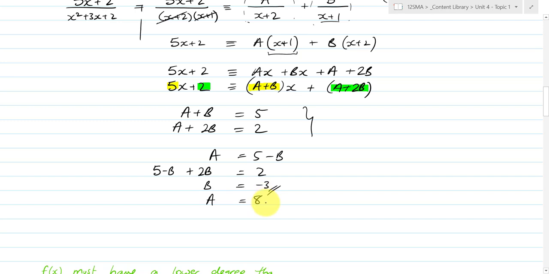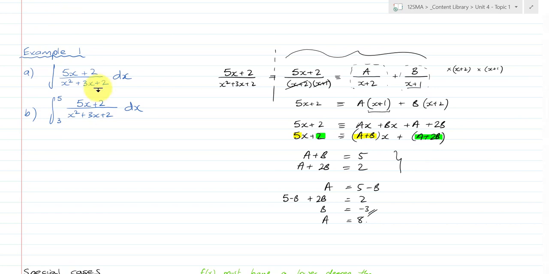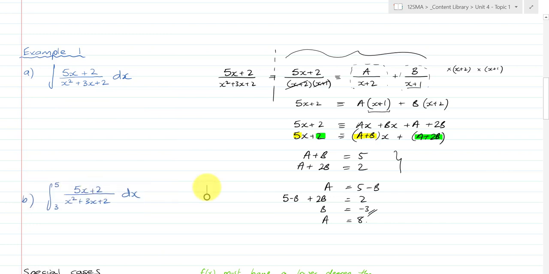So I get 8 and negative 3, and so when I come up here, I'll just shift this bit down because I'll need that, but not yet. We can move it back up in a minute if needed.